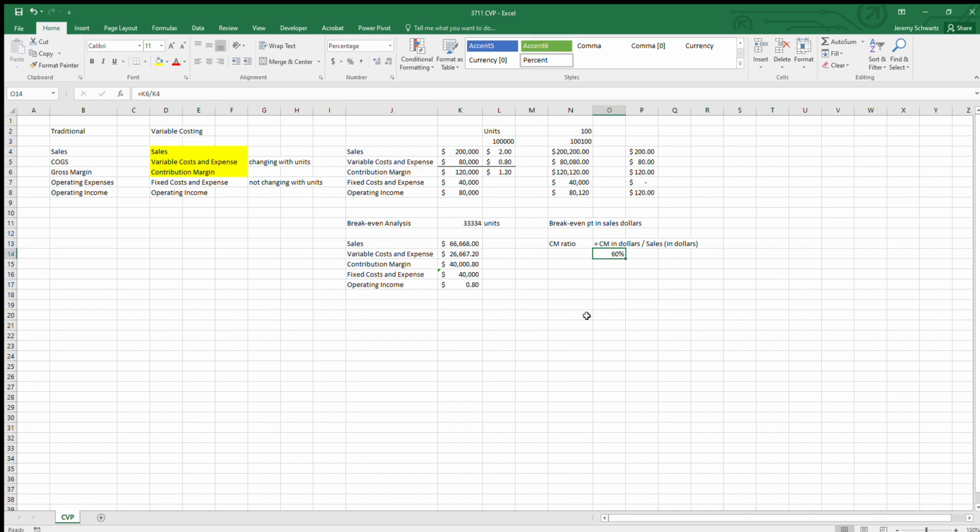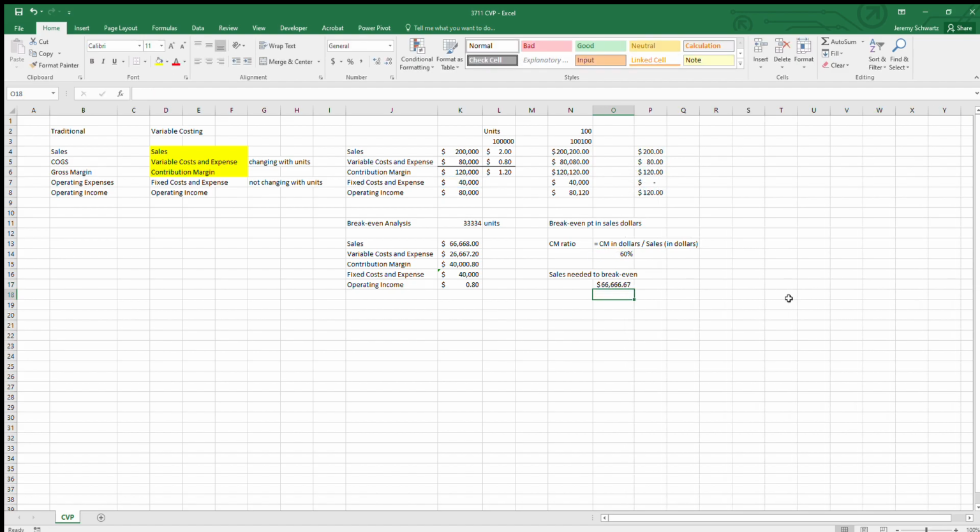This is our percentage. And so then if we were to try to figure out sales needed to break even, we would take the same fixed cost and divide that by the 60%, which gives us 66,667 fractionally.